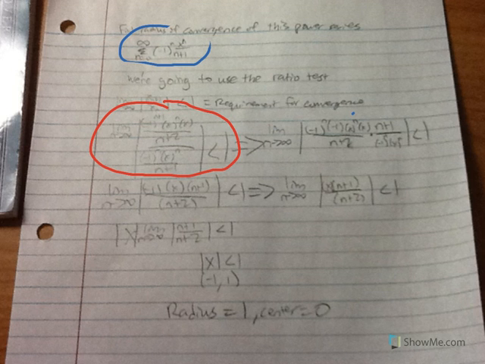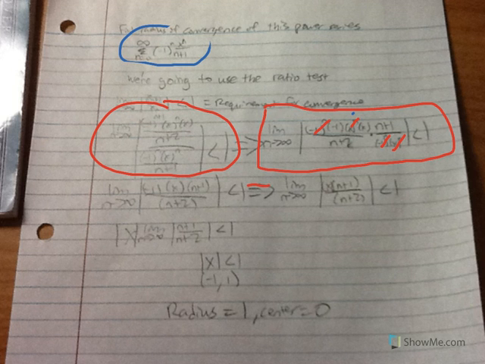So we move on to over here, and we attempt to simplify it a bit so we can cancel out terms to simplify the equation. We can cancel out negative 1 to the n, x to the n, and we're left with the limit as n goes to infinity of the absolute value of negative 1 times x times n plus 1 all over n plus 2, and that has to be less than 1.